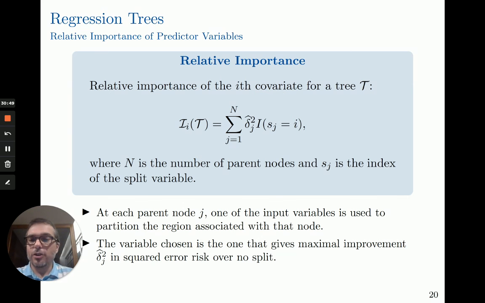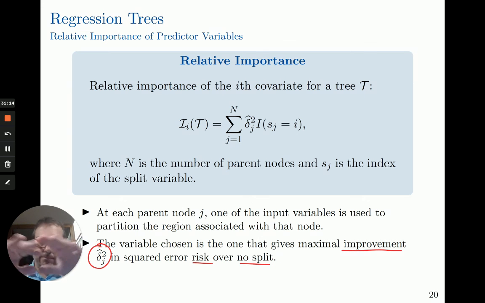Okay, so this delta is the improvement in squared error risk over no split. So as I said, if you have no split at all, you have the average. Then you're going to select a split that improves on the simple average by computing two local averages.